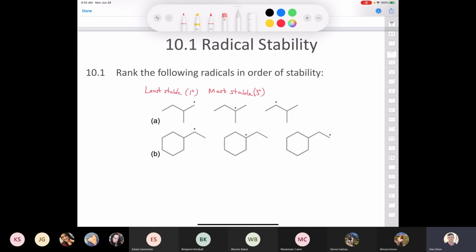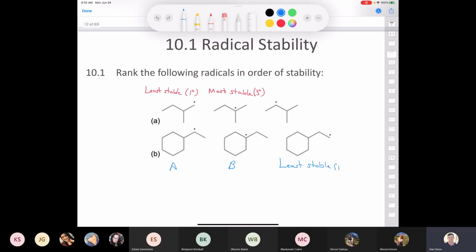The next one is 10.1b. If I call this one A, B, and C, could anybody tell me which one would be the least stable of all these? Absolutely. You guys are faster than me. This is the least stable, because it's primary.